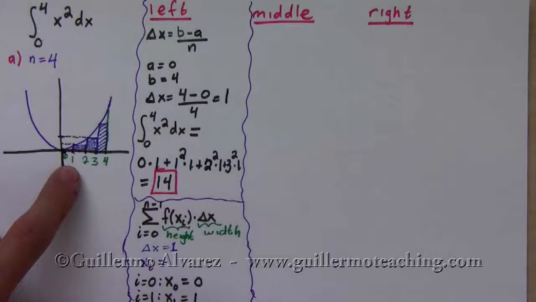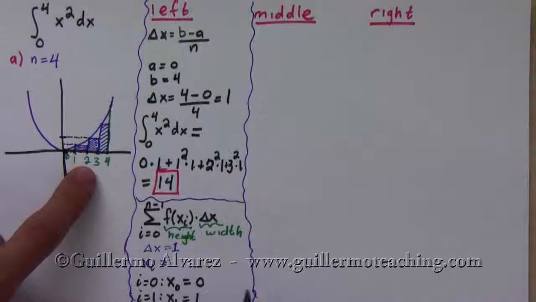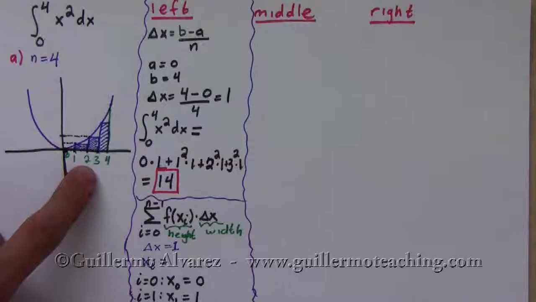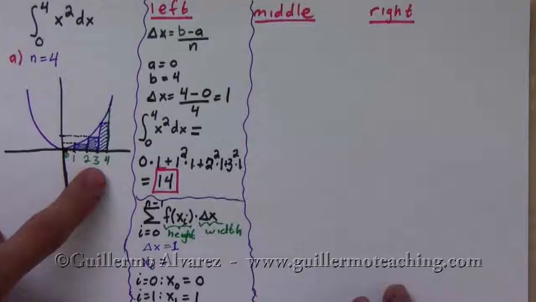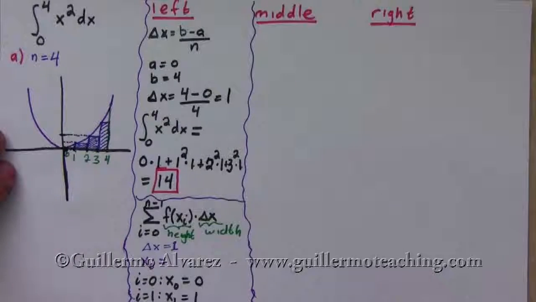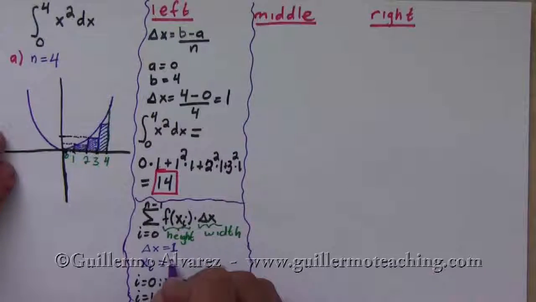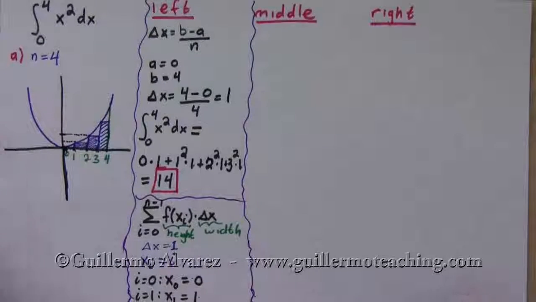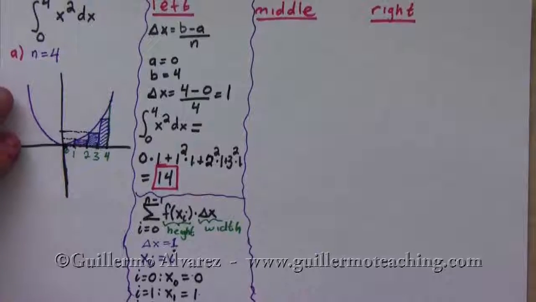When i is equal to 2, x sub 2 is equal to 2. And when i is equal to 3, x sub 3 is equal to 3. So if you look for a pattern, you notice that x sub i is actually just i. And that's really it. It's as simple as that.